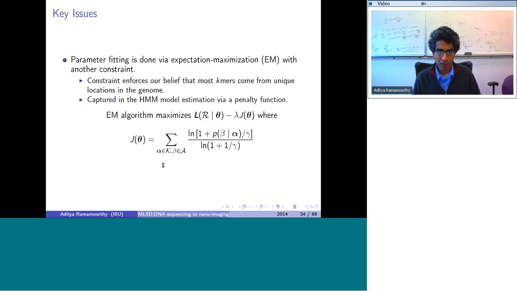So what we actually do is have the EM algorithm maximize the first term, which is the likelihood of observing the reads given a certain set of parameters. The second term is minus lambda, a positive value, times J of theta, which enforces an L0-like penalty on these transition distributions.